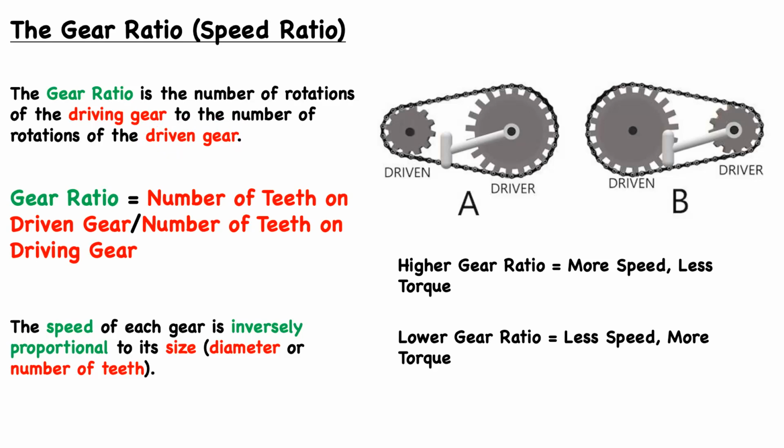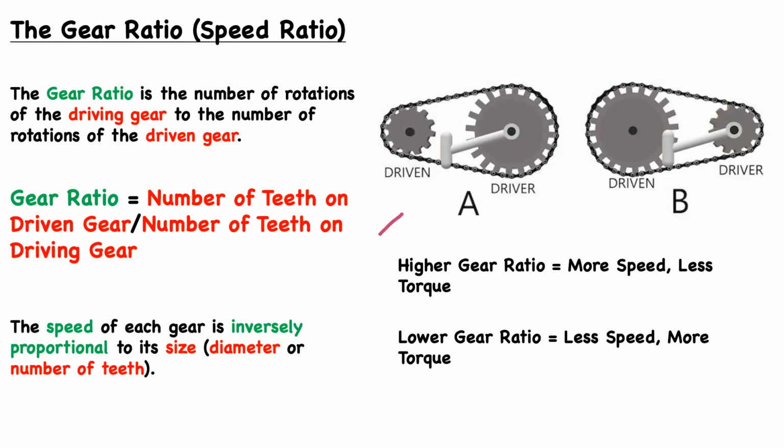And the gear ratio can be calculated by dividing the number of teeth on the driven gear by the number of teeth on the driving gear. And the speed of each gear is inversely proportional to its size, whether we're talking about the diameter or more commonly, the number of teeth. So this is to say, the bigger the gear, the slower, and the smaller the gear, the faster.